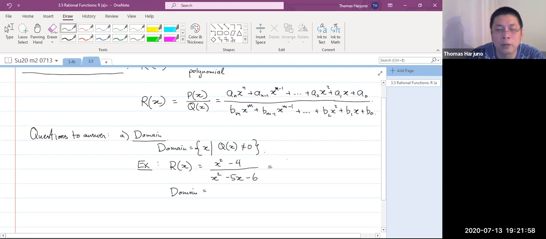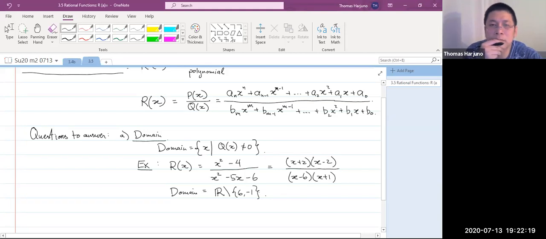When I factor it out, this will be x plus 2, x minus 2 on the top, and at the bottom, we have x minus 6, x plus 1. Right? So the domain will be all real numbers except 6 and negative 1. Okay, I think this one is easy, right?